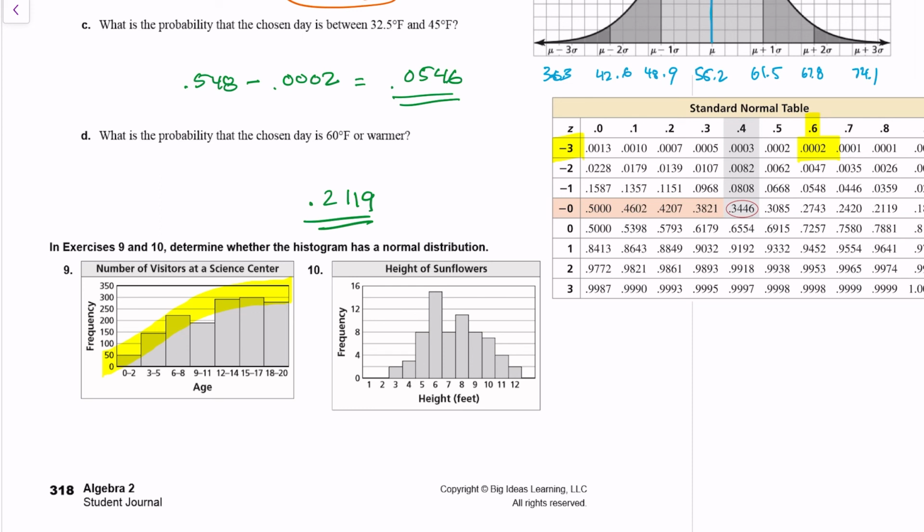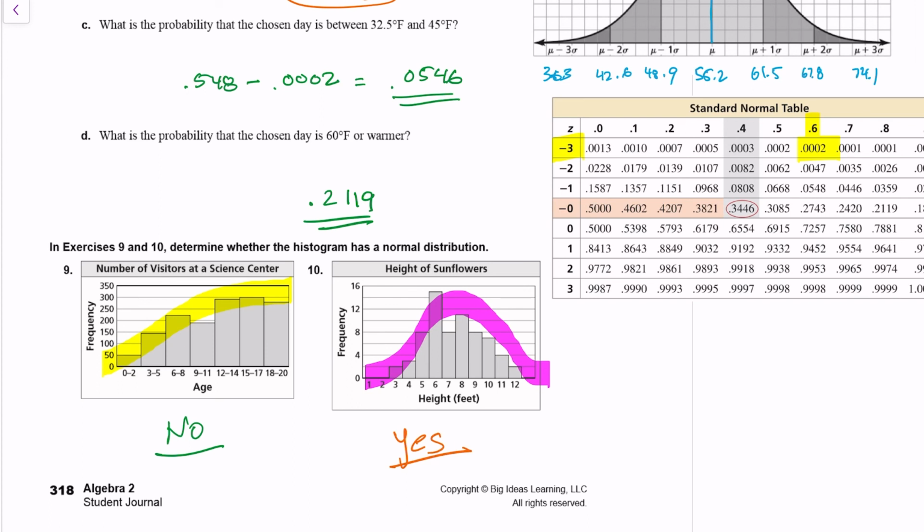It doesn't come back down like a bell-shaped curve. So simply, we say that that is no. On number 10, this looks like it has more of that bell-shaped curve. And although it's not perfect, it does look like the mean happens to be in the middle of our bar graph. And so for this one, we will say yes.